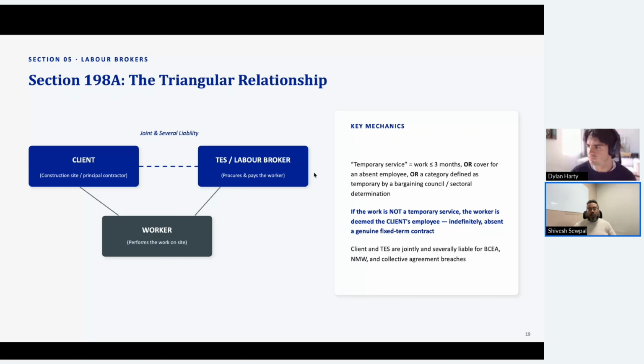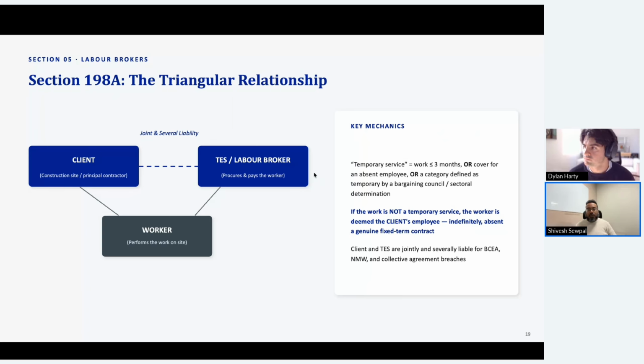Section 198A tells us that temporary service generally refers to work that does not exceed 3 months or is done as a substitute for a temporarily absent employee, or falls within a category defined as temporary by a bargaining council or legal instrument.